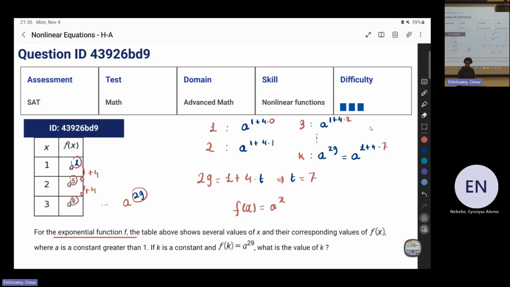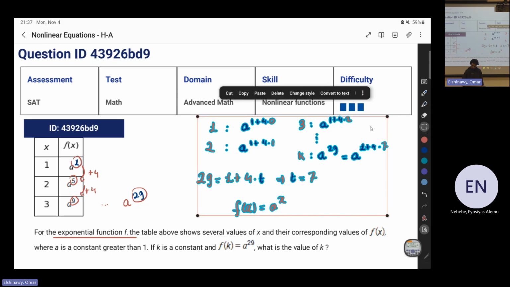I feel like 7 is, I don't know, it's not 7. You need to be careful with counting. So we need to write them all underneath each other.